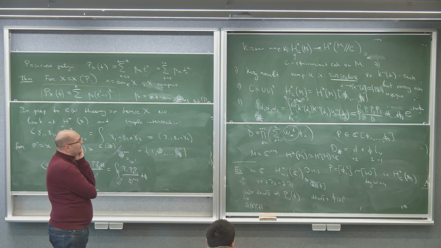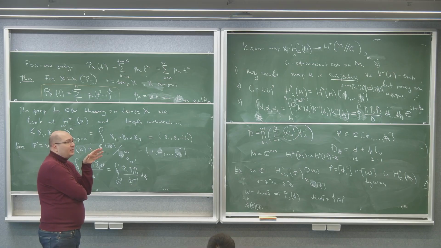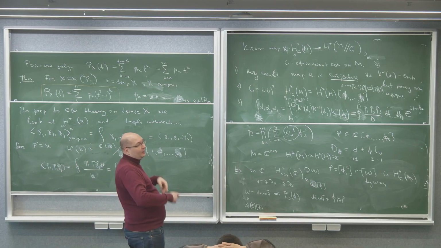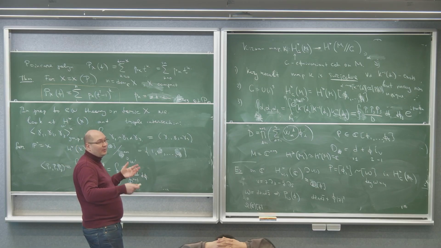But I thought that here I can use any basis in this polynomial ring. So I can choose P1 to be phi 1, P2 to be phi 2, and so on. That will give me an intersection on some classes. I don't know which classes, but what I want is a multiplication structure on my cohomology ring.